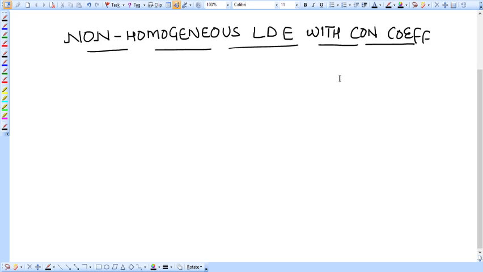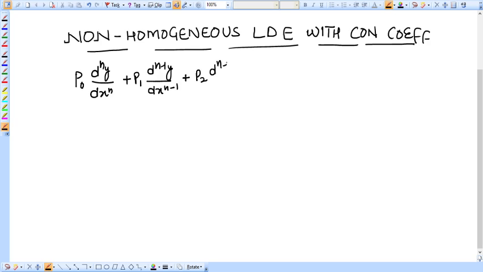So, if I write a differential equation: p0 times the nth derivative of y with respect to x, plus p1 times the (n-1)th derivative with respect to x, plus p2 times the (n-2)th derivative, and so on, plus p(n-1) times the first derivative of y with respect to x, plus pn y, equal to q.